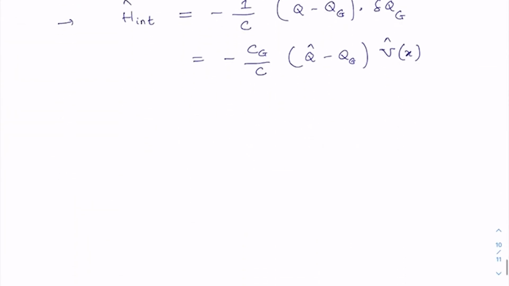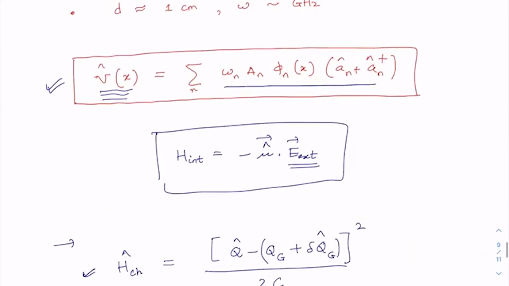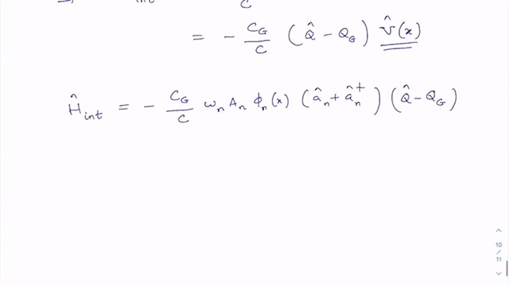Then I can write my interaction Hamiltonian in this form: minus cz by c omega n a n phi n, that is the shape of the mode, and then I have a n plus a n dagger, and I have q minus qz. I just simply put the expression of vx in here, and that's what I get.